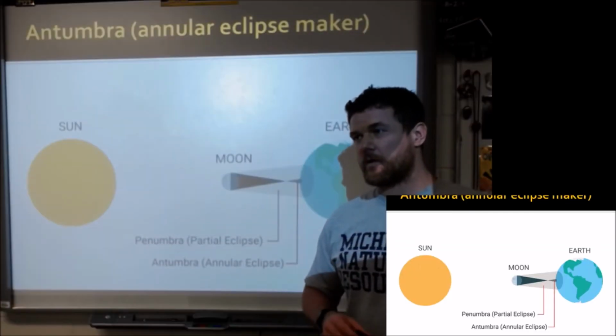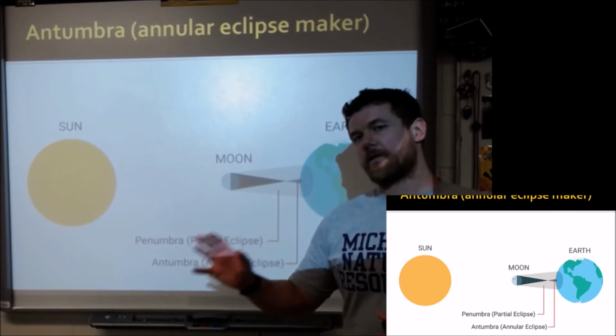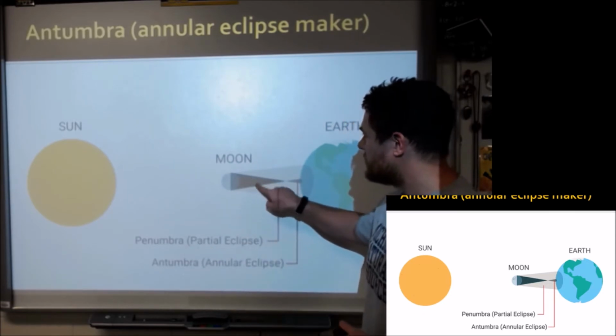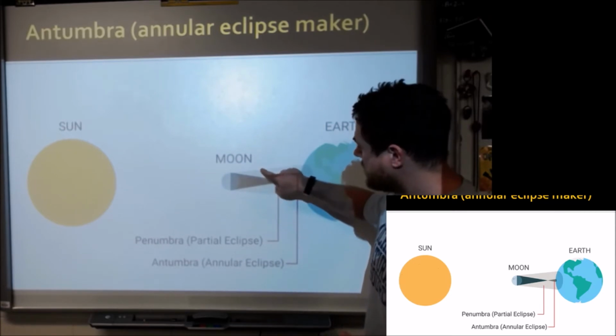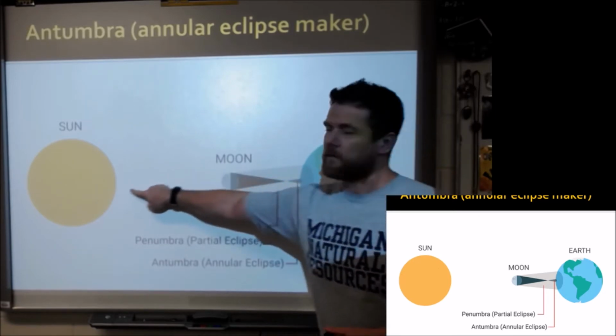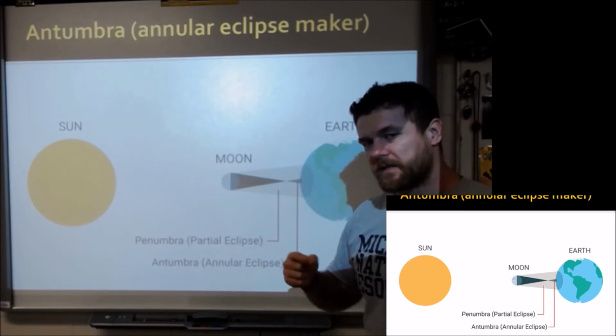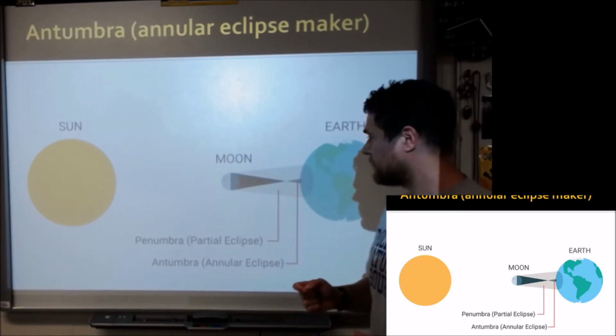If you have what's known as an annular eclipse, where the moon is far enough away that the umbra doesn't reach planet Earth, you're going to have the umbra, you're going to have the penumbra, which is a partial shadow. Part of the sun is being blocked. And then you have a new word. It's called the antumbra.